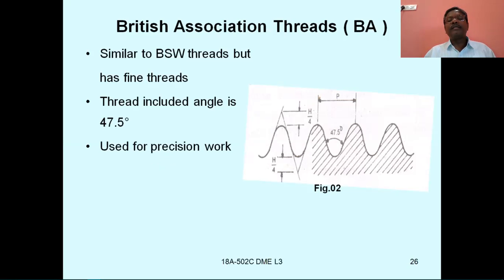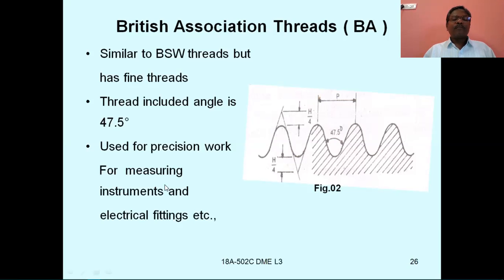Please remember once again, this also has round roots, round crest, and a thread angle of 47.5 degrees, and is used for precision work in instruments and electrical fittings. This is all about British Association threads, BA threads.